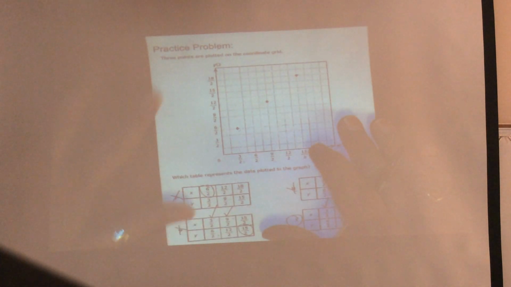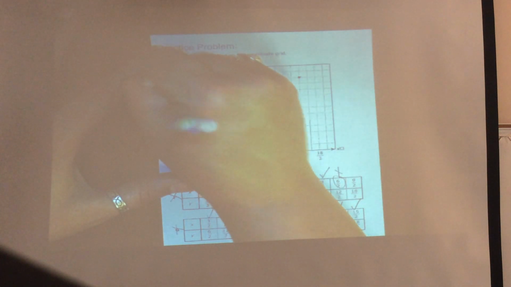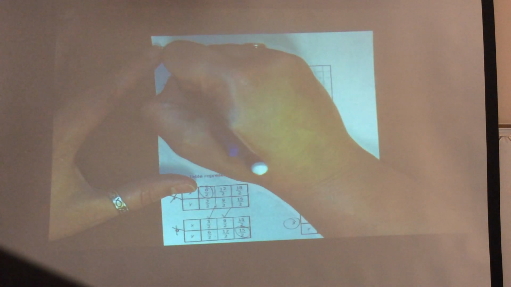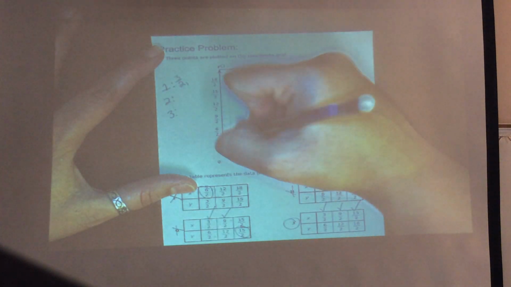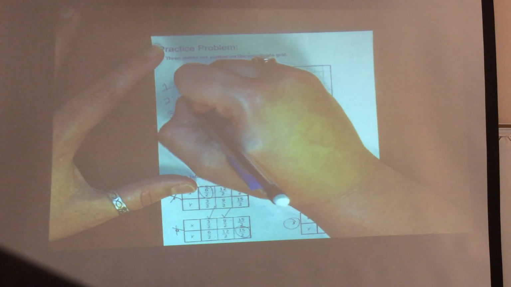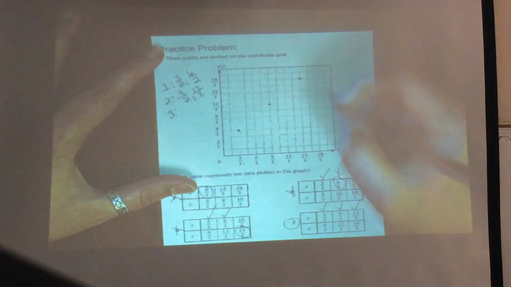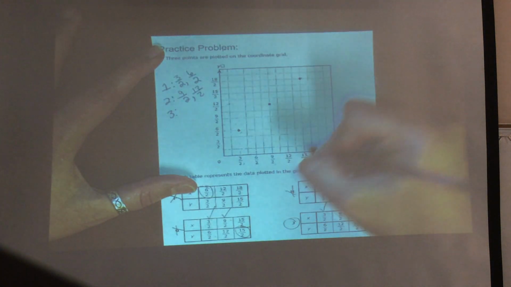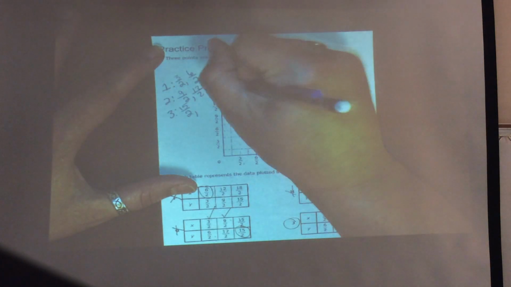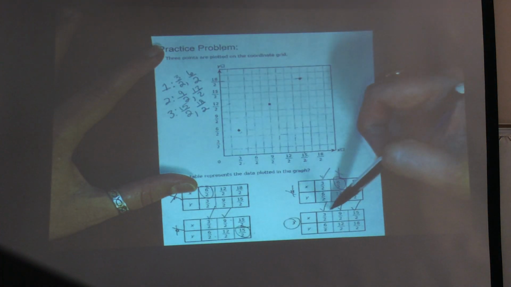You could also go off to the side and say 0.1, 0.2, 0.3 and write the ordered pairs, and then gone through and found which one of those matched.